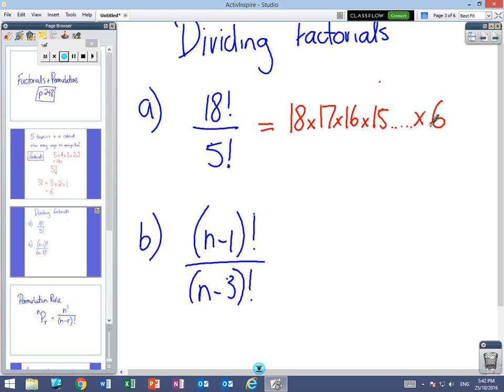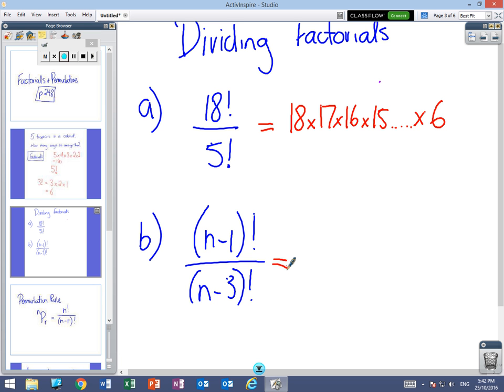So that's the key when it comes to factorial. For this bottom one, this is probably getting up towards some extension stuff because we're trying to look at the mechanics of how this factorial works.